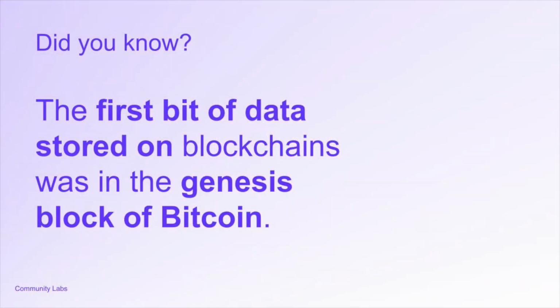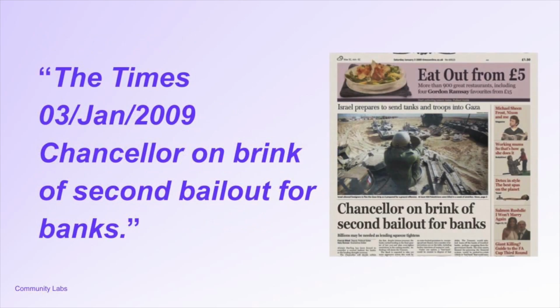Did you know, despite being a transactional ledger, the first bit of data stored on blockchains was on the Genesis block of Bitcoin? It was a headline from the British newspaper The Times from 3rd Jan 2009. Despite this potential for information storage, Bitcoin consciously continued to exist just as a digital currency payment network.